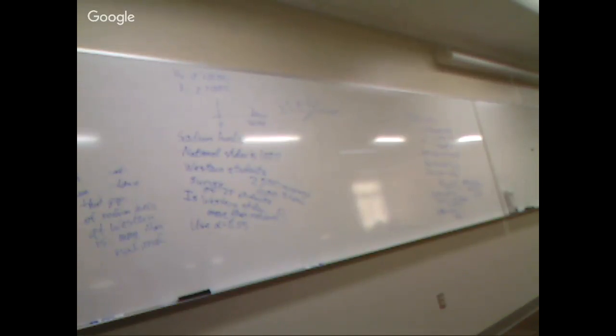Michaela, can you tell me how to decide our decision? If the number is in the shaded area, you reject it. Reject what? The null hypothesis. Okay. Is it in the shaded area? Yes. Okay, so then we reject the null hypothesis.